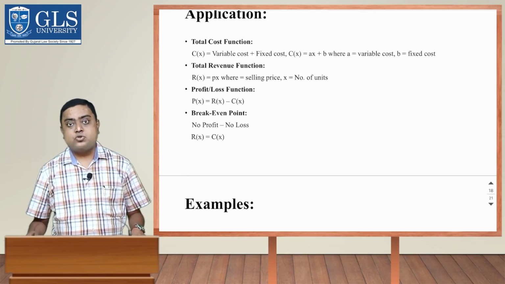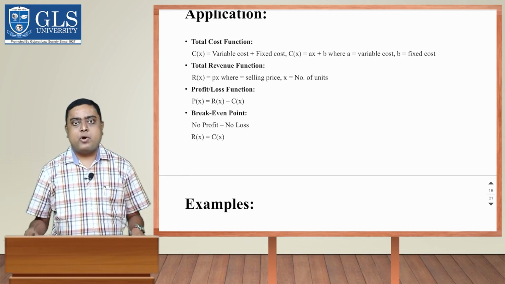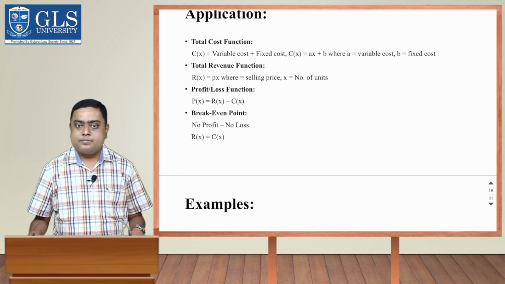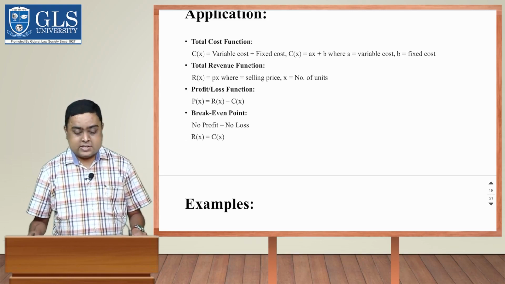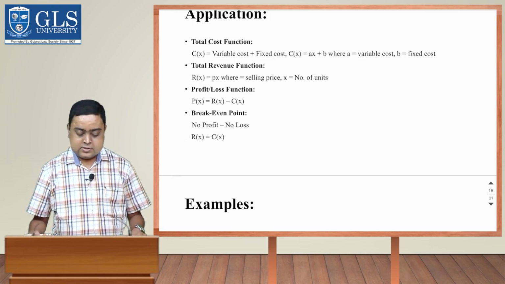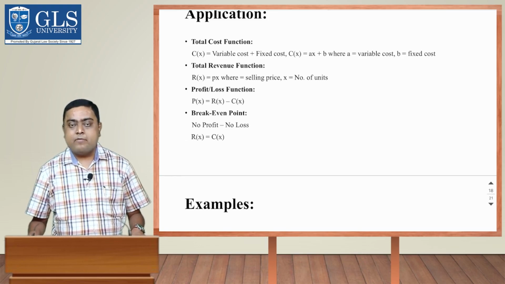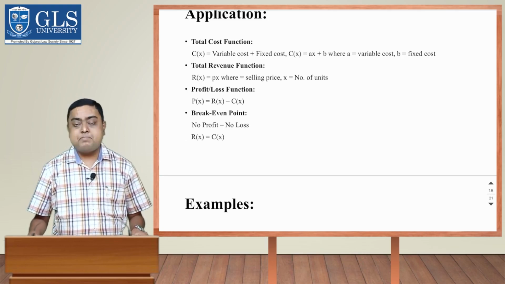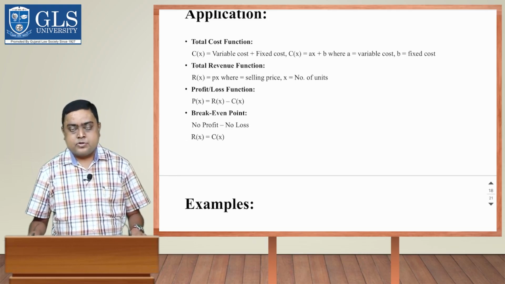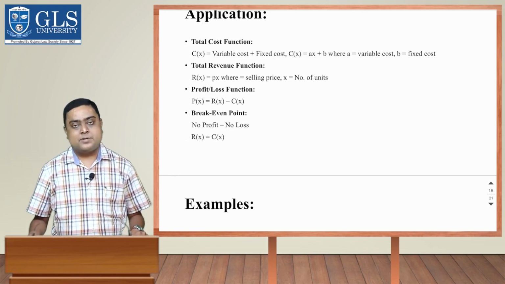By summing these two costs, we get the corresponding total cost. So total cost is the sum of fixed cost and variable cost. If A is the variable cost per unit and B is the fixed cost, then the total cost function is given by AX + B.